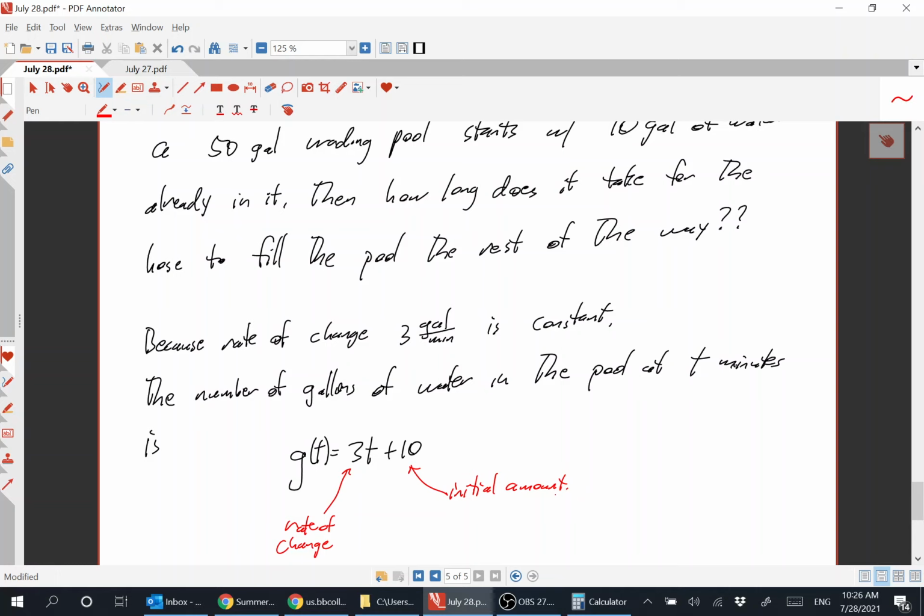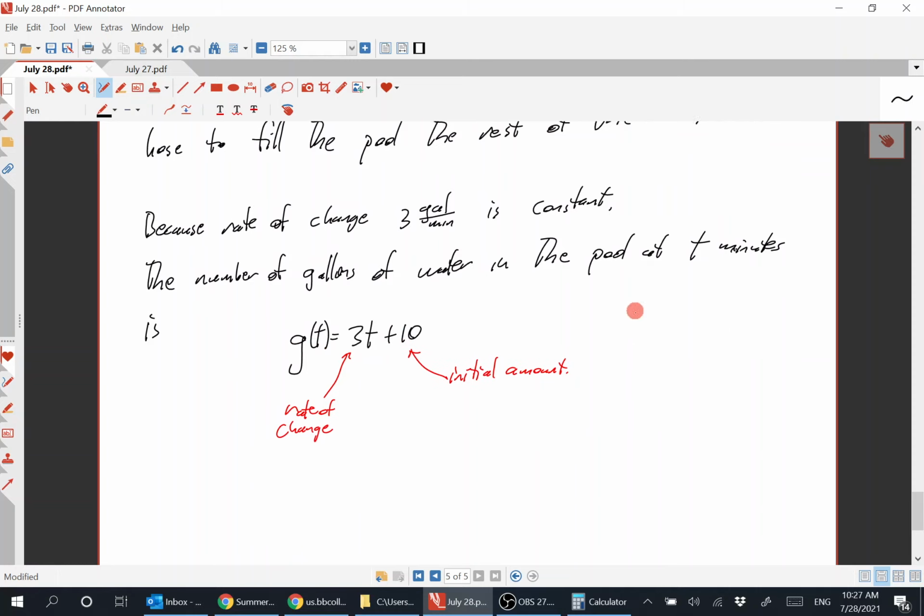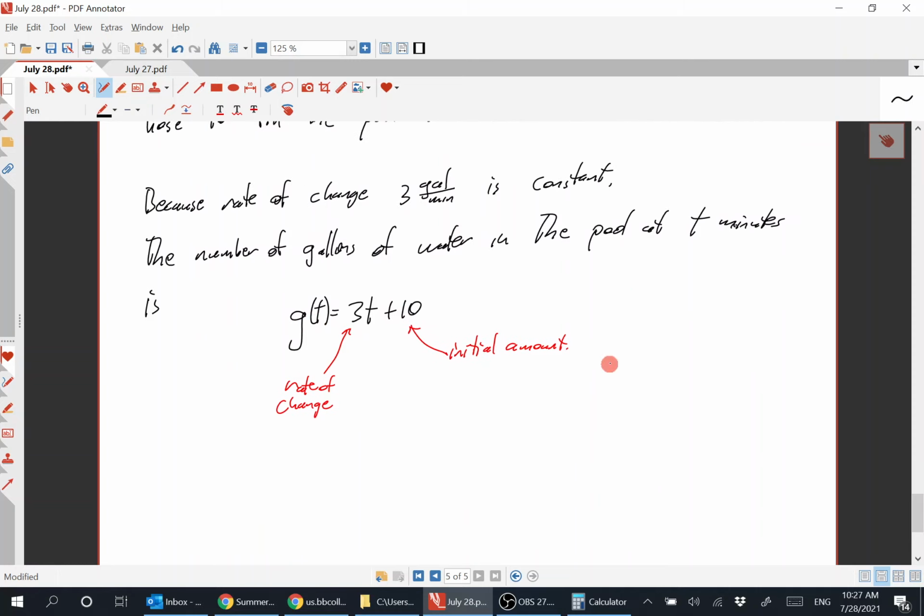So the y-intercept in the linear function, when you're talking about some kind of rate of change or applied problem, can also be thought of as an initial amount, the value of the function at time t equal to 0. It's a 50-gallon pool, so we want 50 gallons.